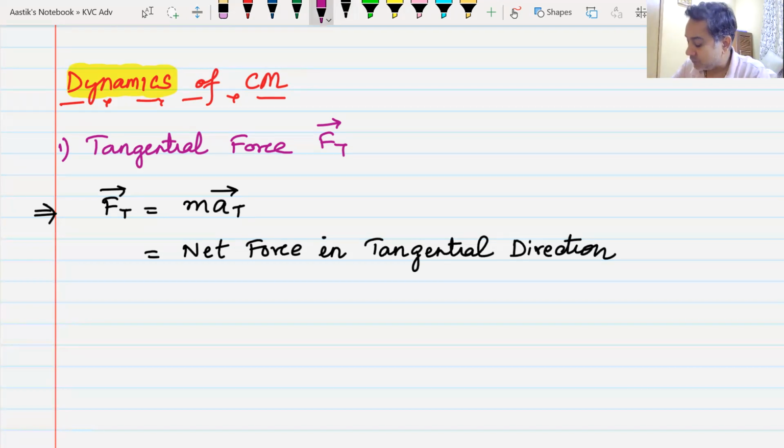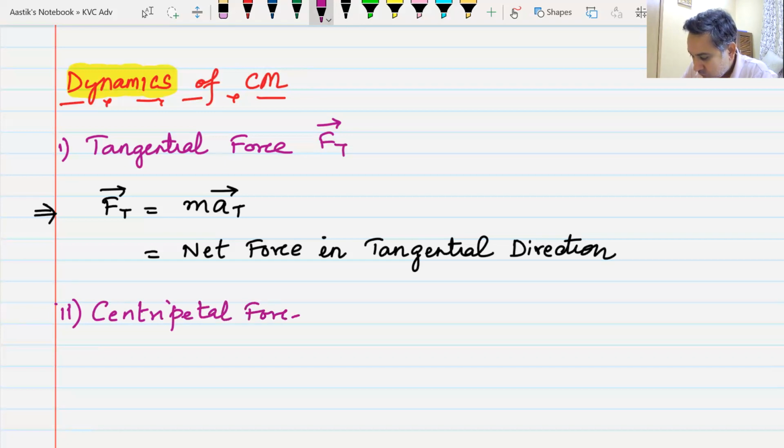Then what is the second type of force? One is tangential force, one is normal force, or centripetal force, or radial force. You can call it centripetal, normal, radial, whatever.